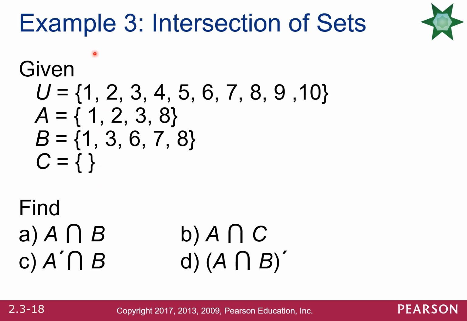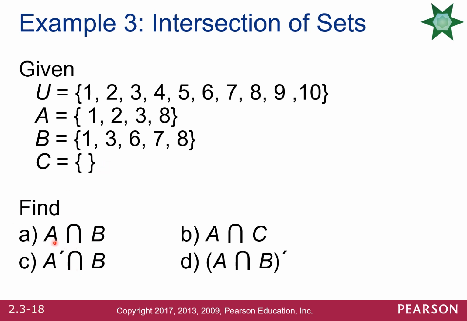All right, so let's look at the values in the set of universe here. 1, 2, 3, 4, 5, 6, 7, 8, 9, 10, right? All natural numbers up to 10. A contains the values 1, 2, 3, and 8. B contains the values 1, 3, 6, 7, 8. These are elements in B, and C is a null or empty set.